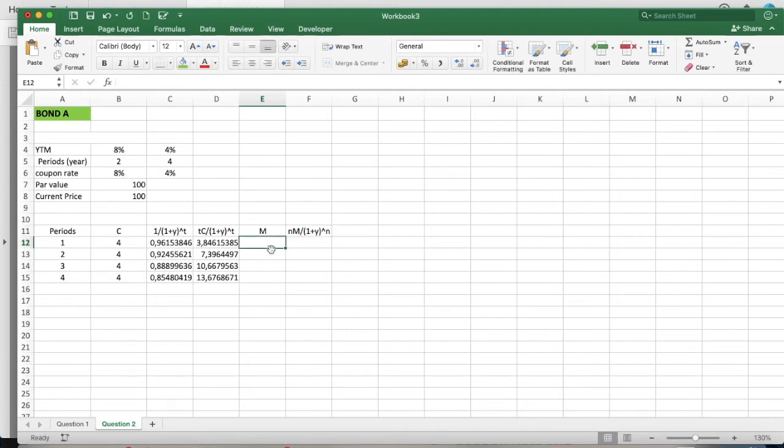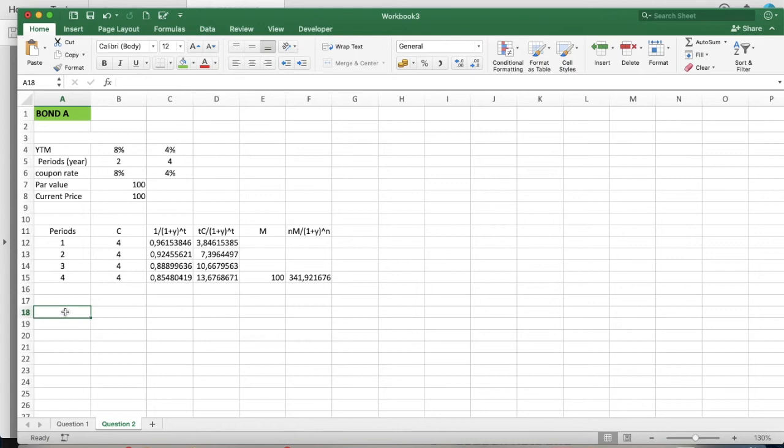So the par value will be received by the end of the 4th period, and we should have n times m times the last present value factor. Now, to have the Macaulay duration, we should sum up these 4 cells, then add this one, and divide the whole thing by the current price of the bond.